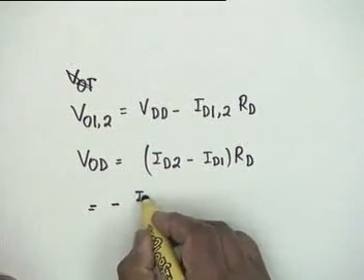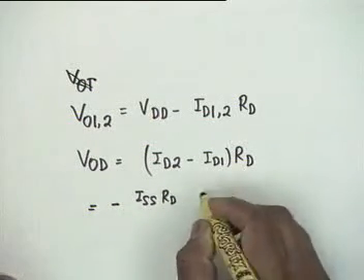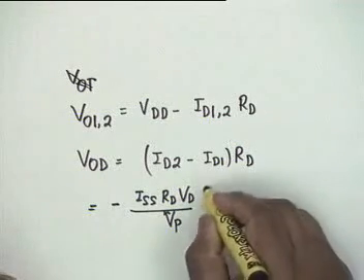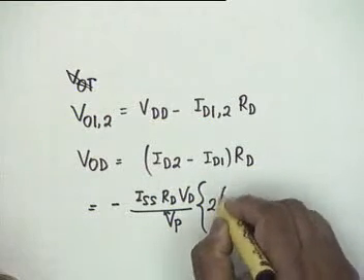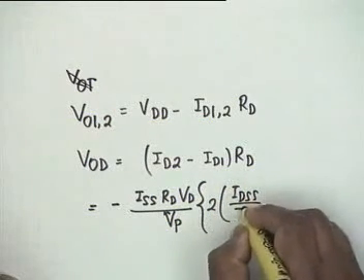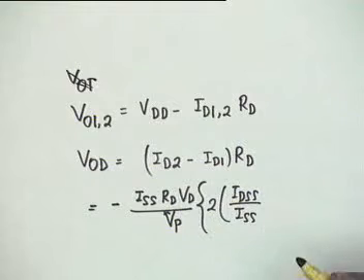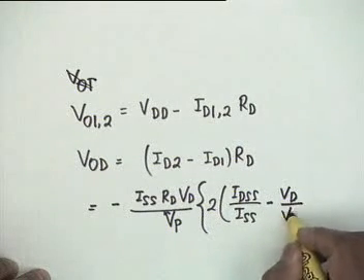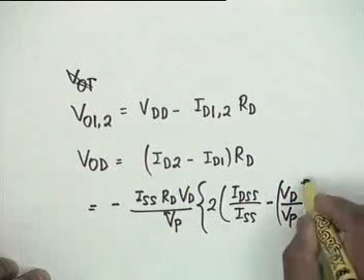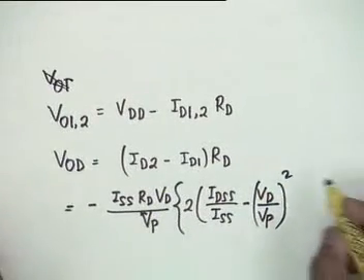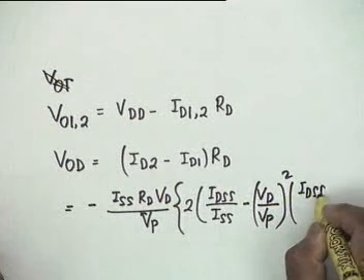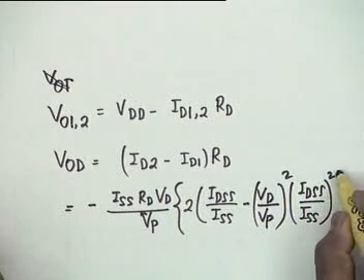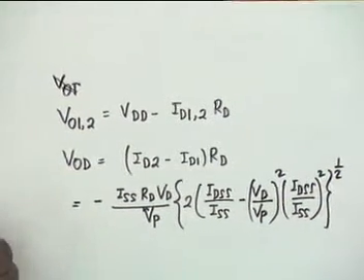This becomes equal to minus ISS RD VD divided by VP, then within curly bracket twice IDSS divided by ISS minus VD by VP, squared, times IDSS divided by ISS whole squared, curly bracket close, to the power half.